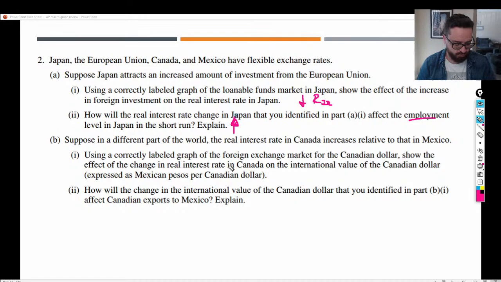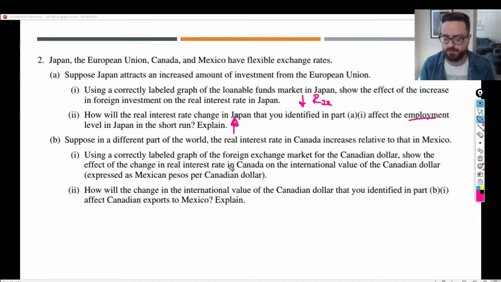So there's a higher real interest rate in Canada. Okay. What'll happen internationally? Remember, this is the weird thing. When it comes to internationally, high interest rates are good for getting money. Because if the interest rates in Canada are higher relative to Mexico, the people of Mexico would rather invest in Canada because they can make more money buying Canadian bonds, buying Canadian stock, putting their money in Canadian savings accounts, and probably committing tax fraud.